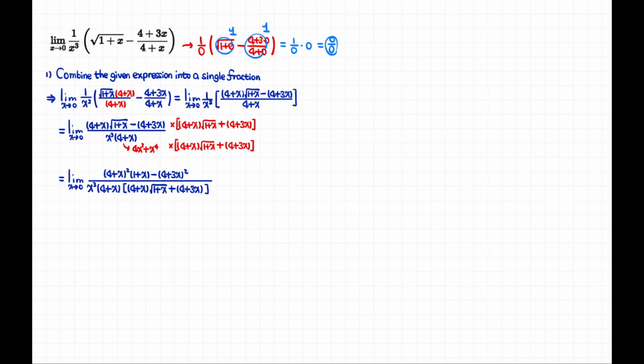Alright, so now the numerator looks like it can be simplified furthermore, right? So let's go ahead and expand everything and try to clean it up. First, we're multiplying 4 plus x squared with 1 plus x. Let's start by expanding the perfect square part first.